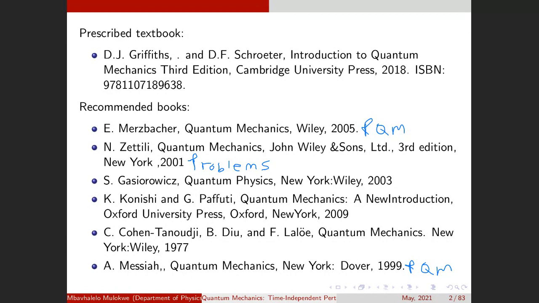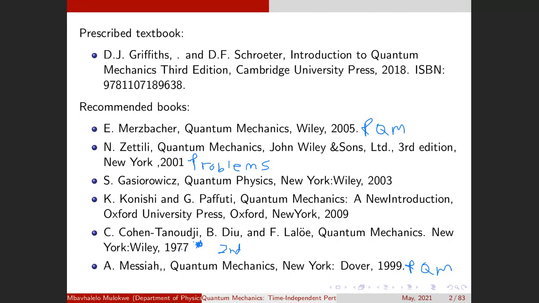Another one, which is quite longish, will be the book by Cohen-Tannoudji. There are 3 volumes, which all in all are nearly 2,000 pages. For this course, I will sometimes make use of the second volume.